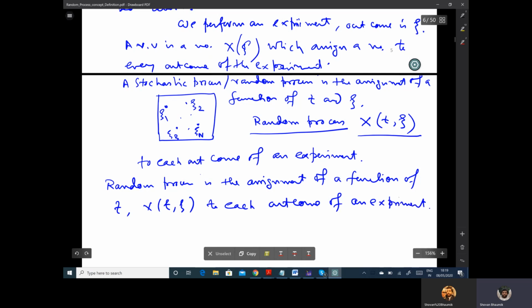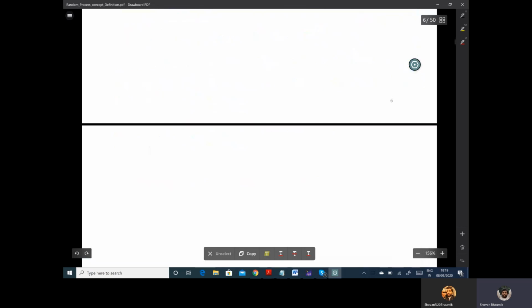Okay, so let's try to draw a figure. It requires a full page. Let's say we have done one experiment and the outcomes of the experiment are zeta 1, zeta 2, zeta 3, like this, up to zeta n.